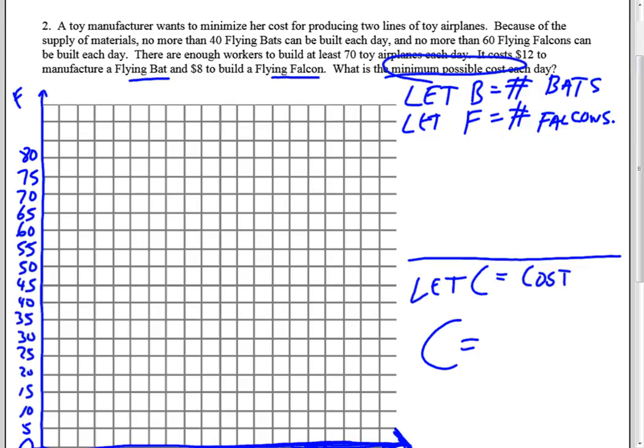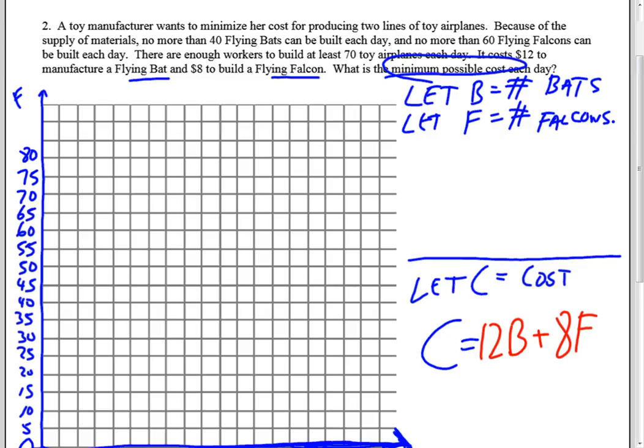Well, B plus 8Y. I'm using B and F this time. Just make sure that you choose one of them to be your x-axis and one to be your y-axis. I have B down below, I have F as my y-axis.